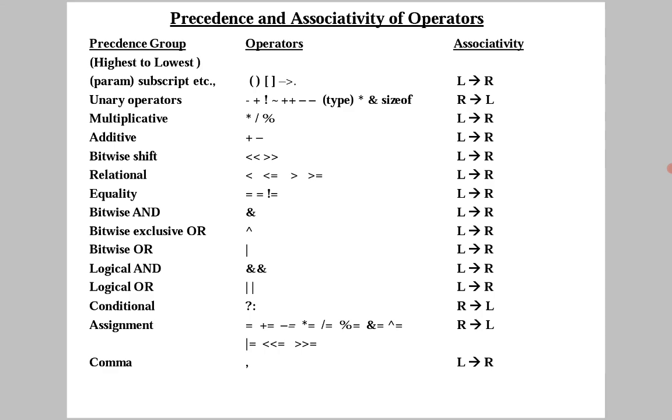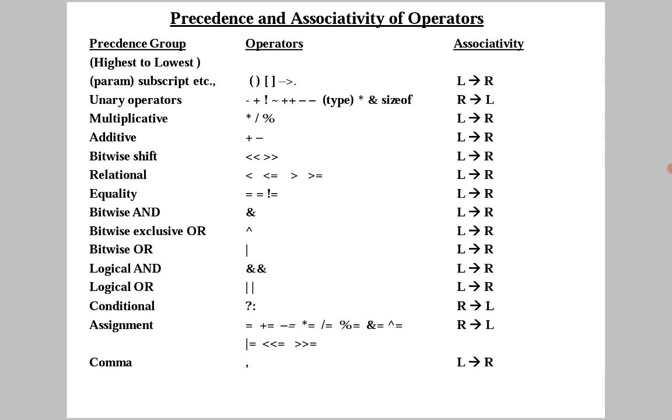Next we discuss the different types of operators available or used in C language. As we discussed in previous classes, C language has tokens, a collection of data types, variables, constants, operators, like that.